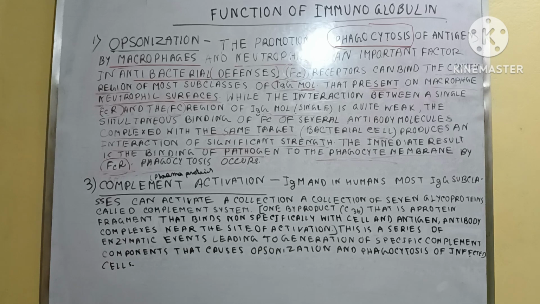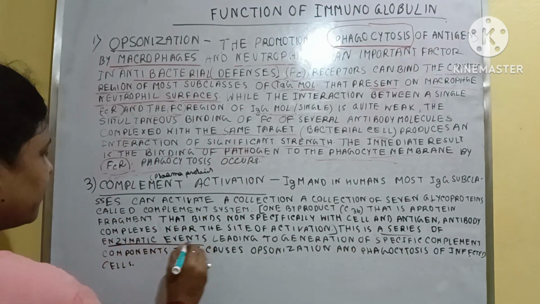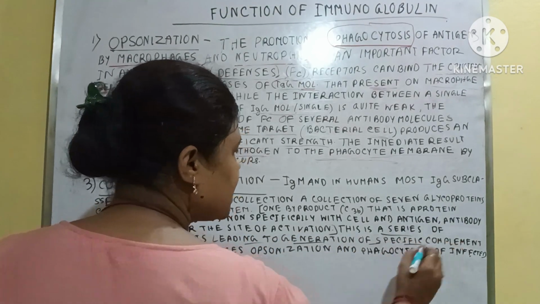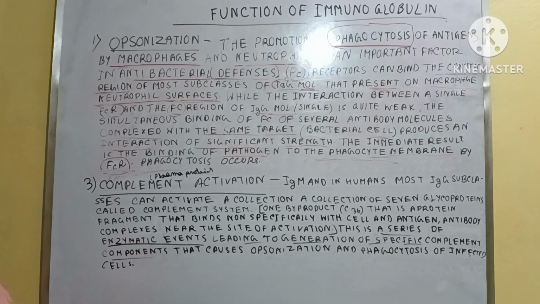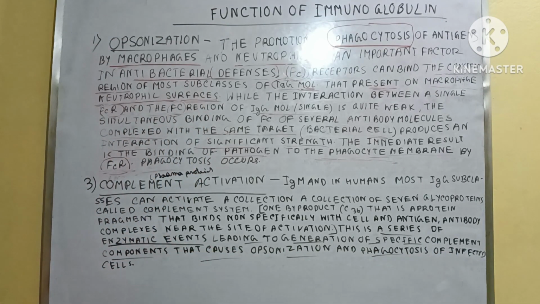So generally, what is the role of the complement system? Complement activation is a series of enzymatic events leading to the generation of specific complement components, and that causes opsonization or phagocytosis. So what is happening here?